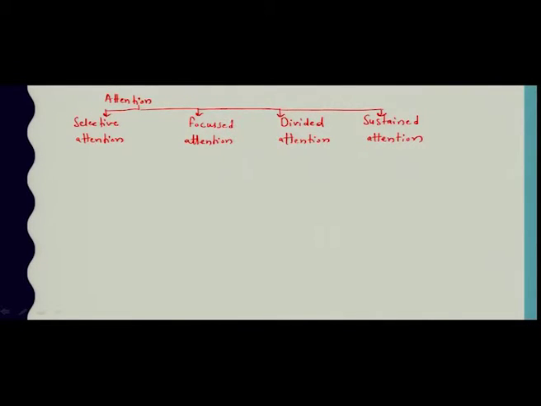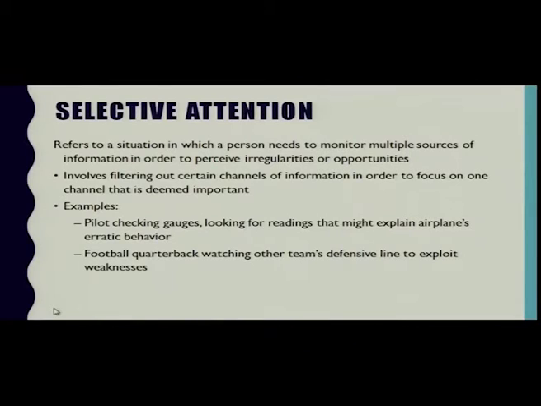Now we will try to understand what selective attention is, what focused attention is, what divided attention is, and what sustained attention is. First of all, we will take selective attention. Selective attention refers to a situation in which a person needs to monitor multiple sources of information in order to perceive irregularities or opportunities.